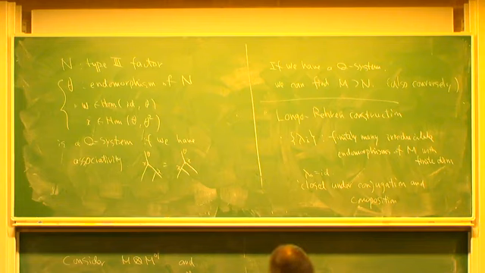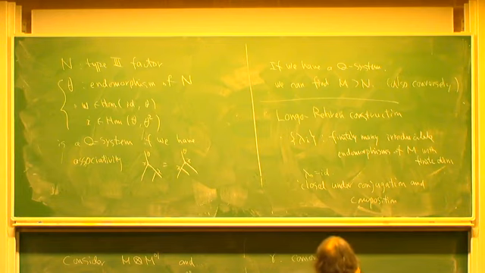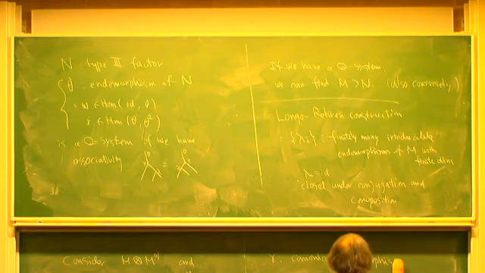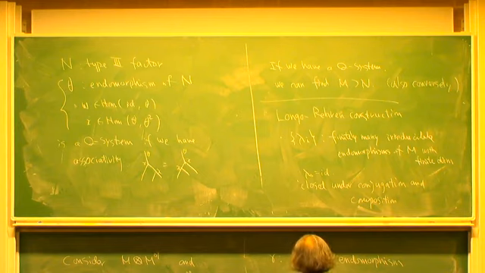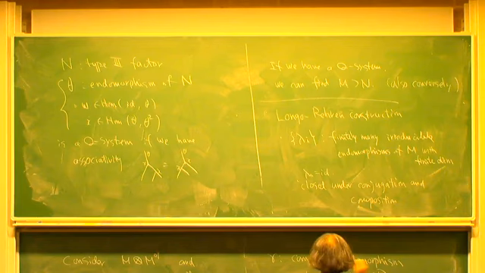Let gamma be the canonical endomorphism of this one. So this is an endomorphism of R into the subfactor.